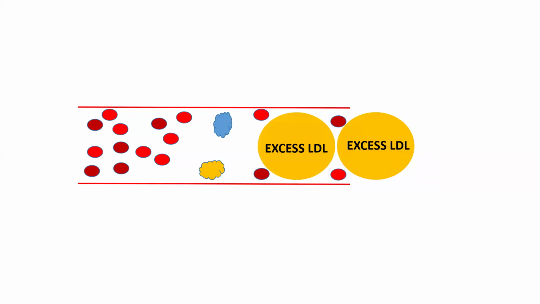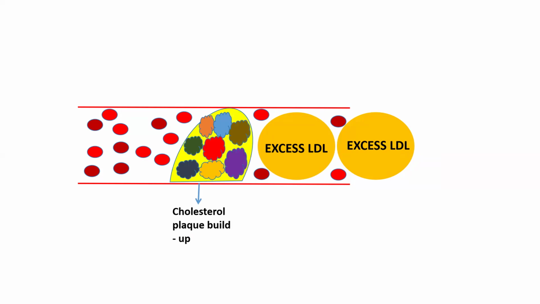This excess LDL enters the bloodstream, in the artery, and causes cholesterol plaque buildup. This is the cholesterol plaque buildup which has happened due to excess LDL forming in the body from excess consumption of cholesterol containing foods.